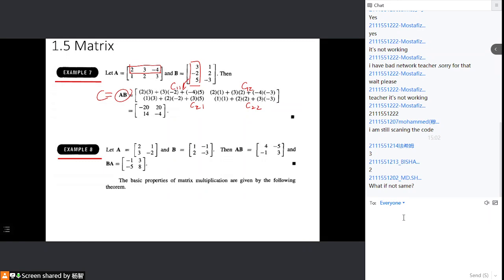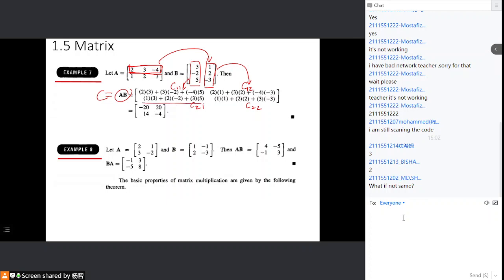Multiply and sum together: 2 multiply 3, 3 multiply minus 2, minus 4 multiply 5. And C12 also uses the first row, but multiplies the second column. Multiply and sum together, we get C12.